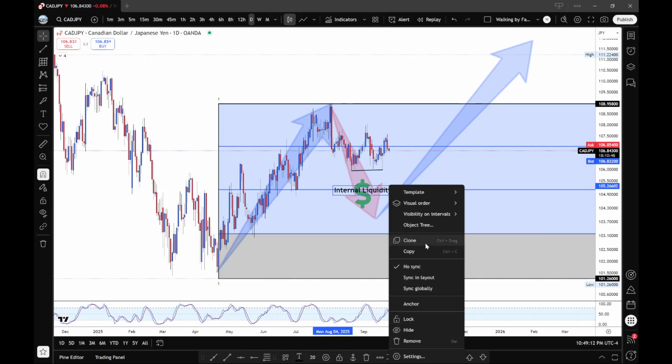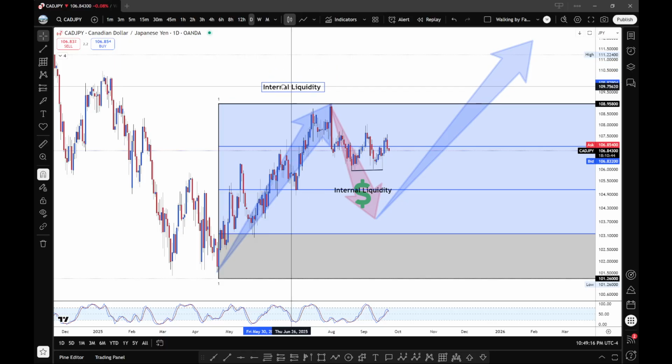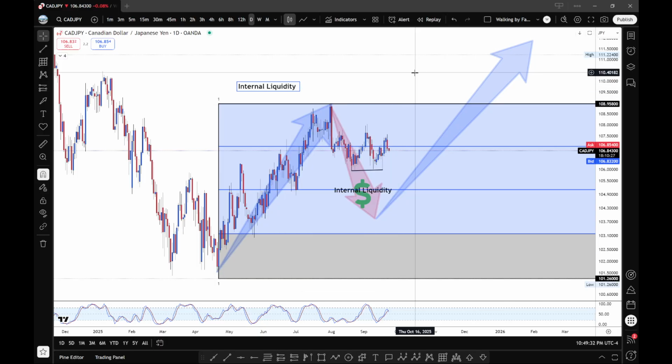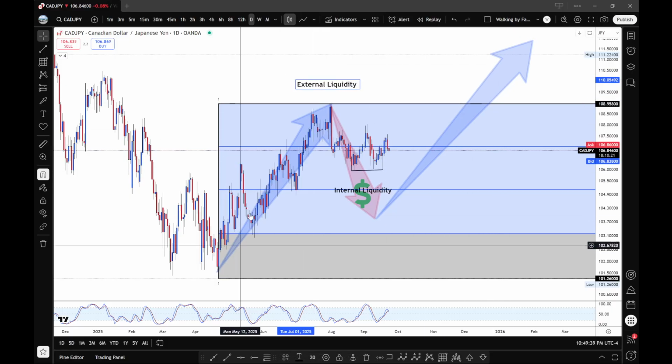Now, anything outside of the range is considered external liquidity, right? So pretty much the external liquidity is the continuation of the move up.